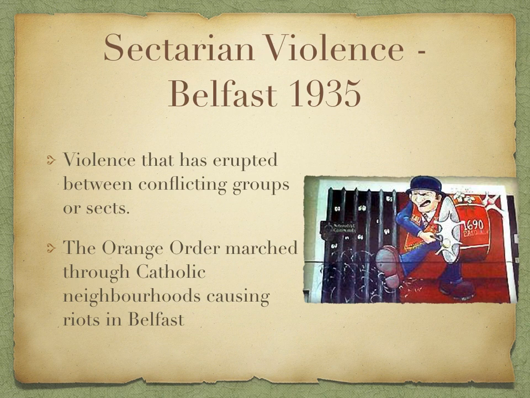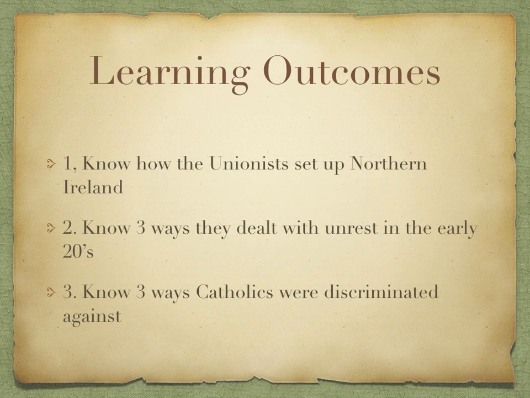Remember, the Orange Order would have been re-established during opposition to the very first Home Rule under Gladstone back in 1885, and they would be marching to celebrate victories over Catholics from hundreds of years ago, which really would inflame situations.